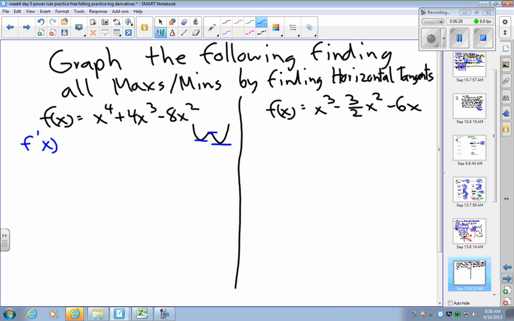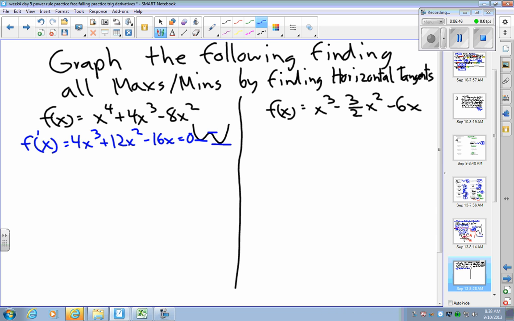So when I take the derivative here, I get 4x cubed plus 12x squared minus 16x. I want to set that equal to 0. You just did the calc part: you took a derivative and set it equal to 0. The rest of this is really algebra.